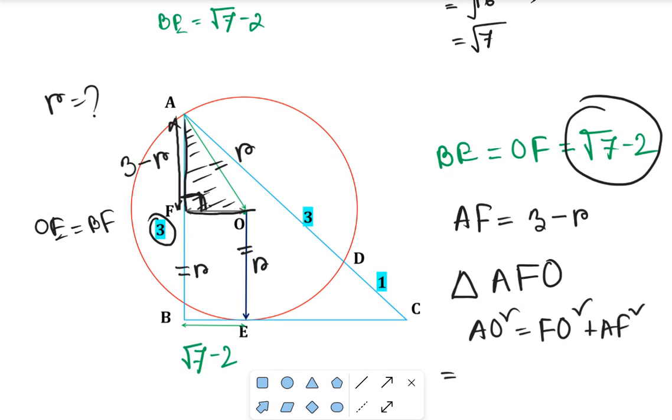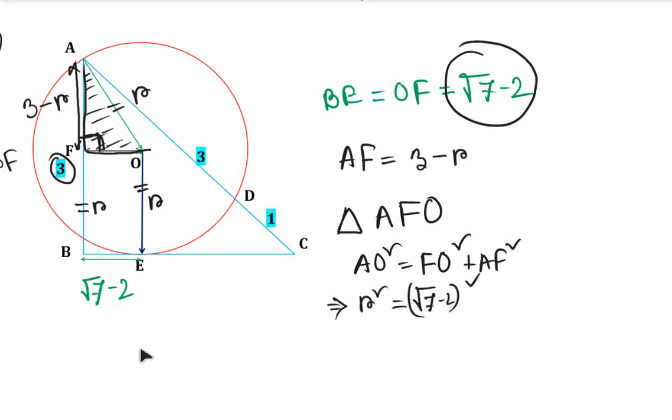Now plug in the value. So AO is R square equals FO, which is square root of 7 minus 2, whole square, plus the value of AF, which is 3 minus R, whole square. Now simply solve this equation. Let's work together.